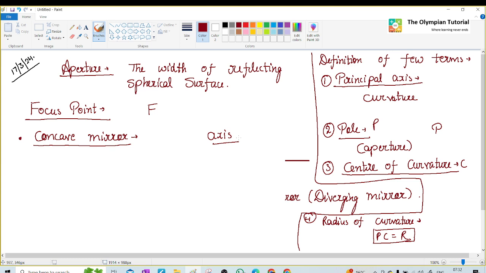This point is called the principal focus of the concave mirror.